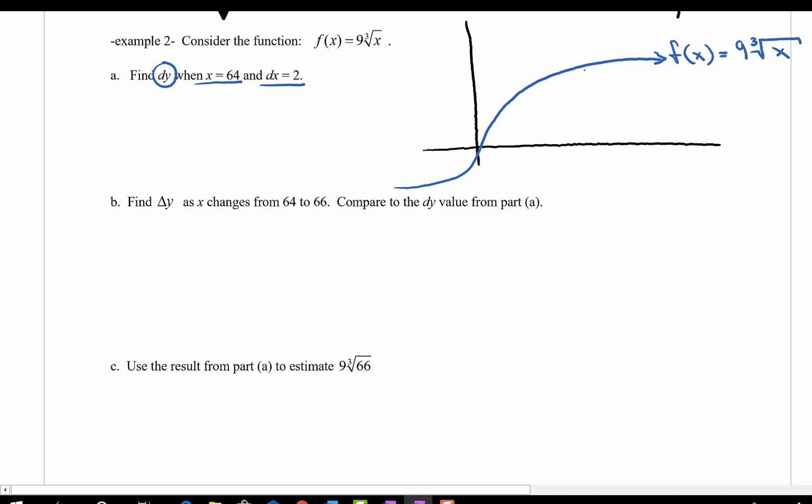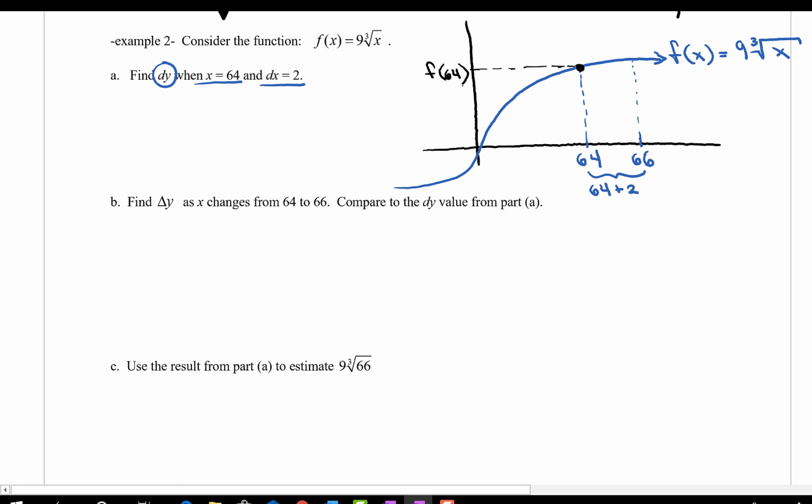Now let's write down the y value associated with this ordered pair, the y coordinate. In order to find the y coordinate, I need to substitute 64 in for x in f of x. The cube root of 64 is 4, and 9 times 4 is 36. So this y value is equal to 36. So that's this point here.